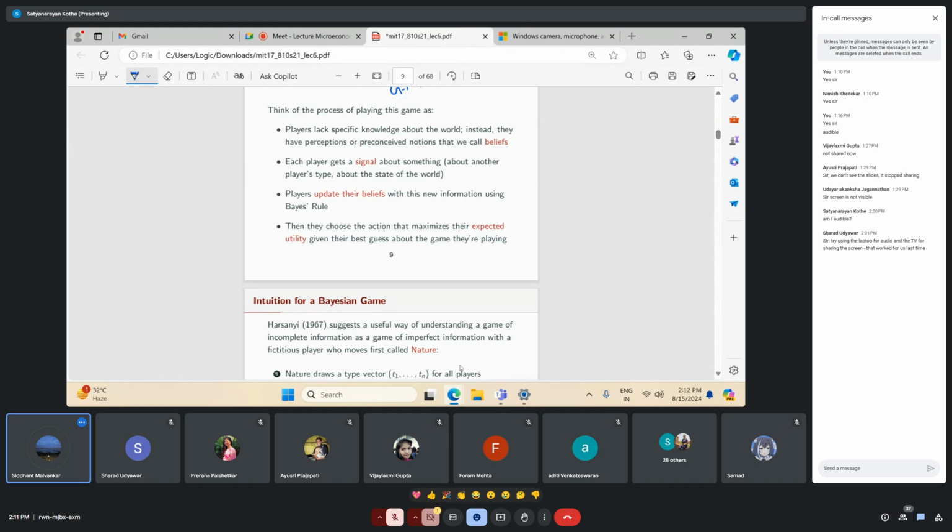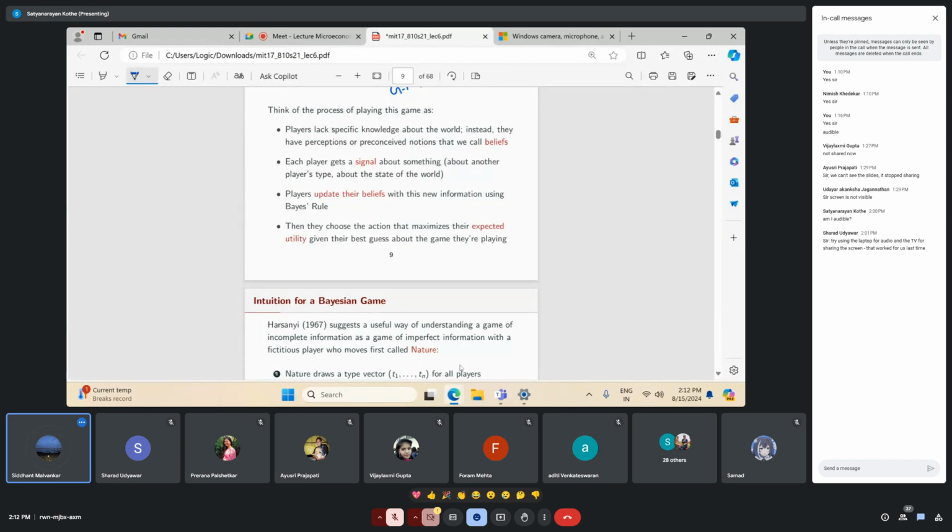Because you don't know what type they are and what knowledge they have, so you cannot find your probability of getting selected. The probability of getting selected depends on the knowledge the opponents have, and you don't have any knowledge about their knowledge.